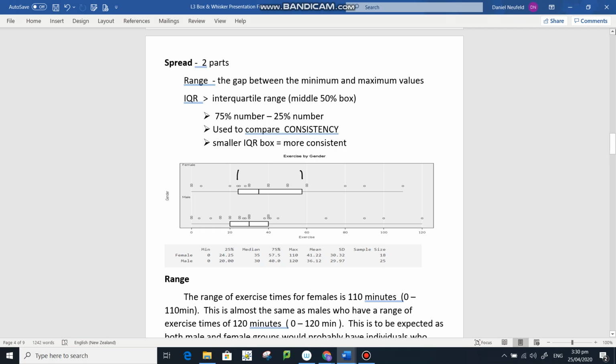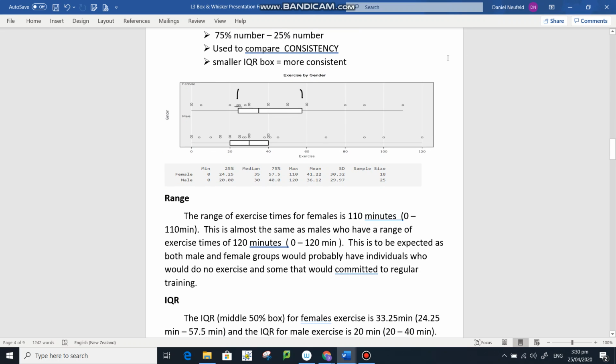Basically we're looking at the space this box occupies, your middle 50%. Golden rule, the smaller the box, the more consistent the data is. More of that main core, that middle 50%, is all concentrated together.